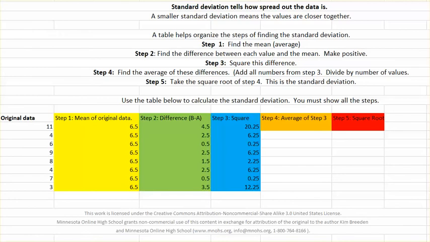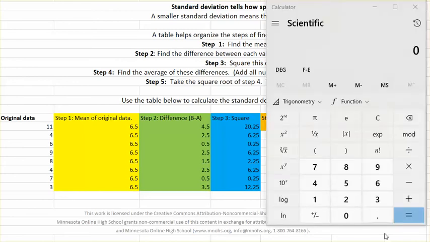So again, I took all of the green numbers from step 2 and squared them. Make sure they're all positive. Put that in step 3. Step 4 is to find the average of that last column.